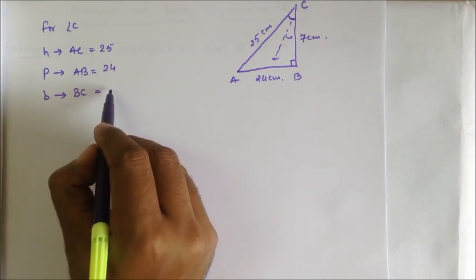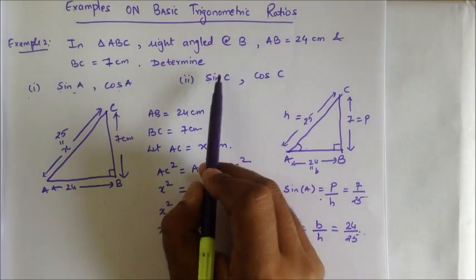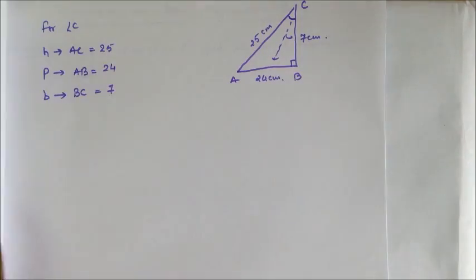BC would be equal to 7 centimeter. I'm not writing the units because finally we have to find the ratio and the units would get cancelled. Now for angle C, I needed to find sine of C and cos of C.